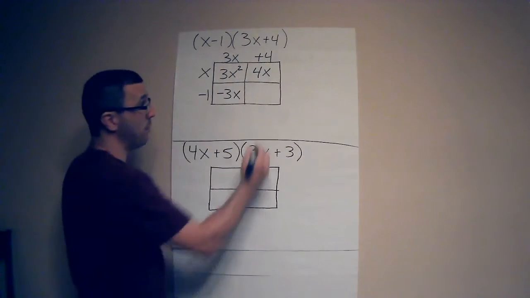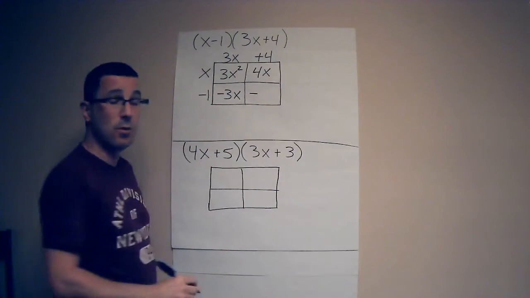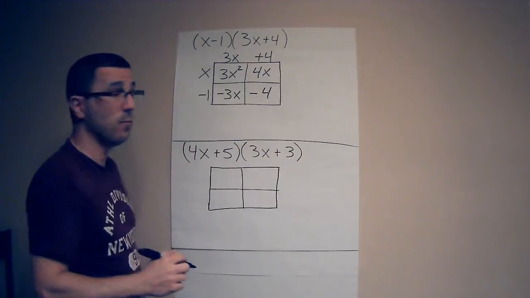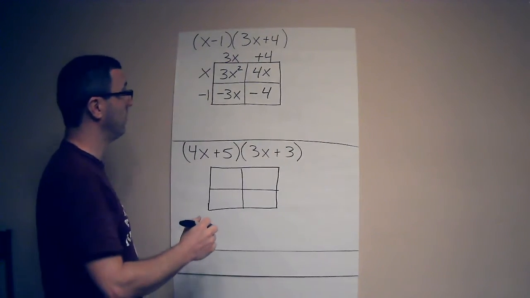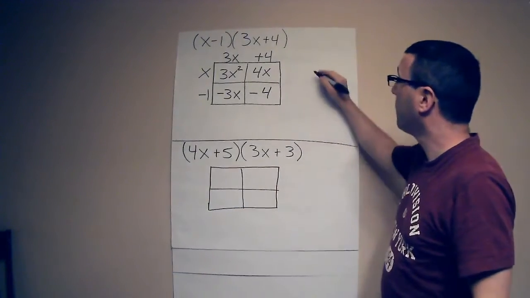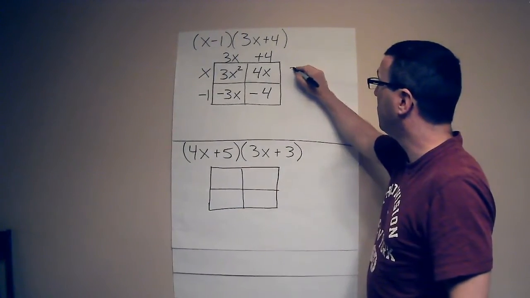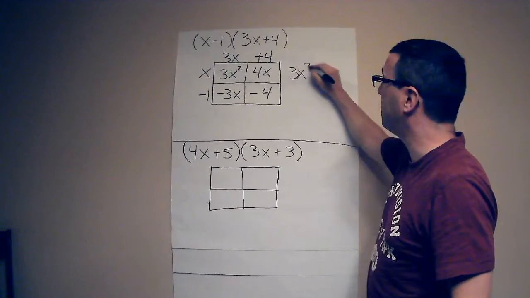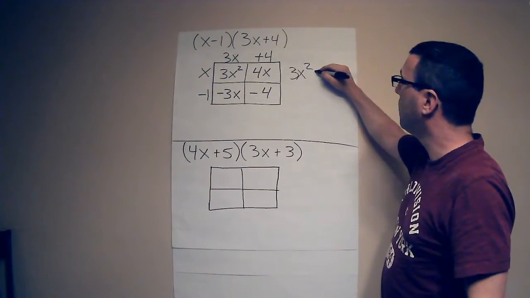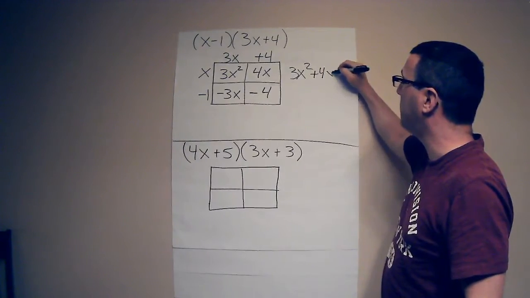A negative times a positive is going to be a negative. 1 times 4, 4. When I write these down, I'm going to see if I can fit it over here. I get 3x squared, not going to fit, plus 4x across the top.